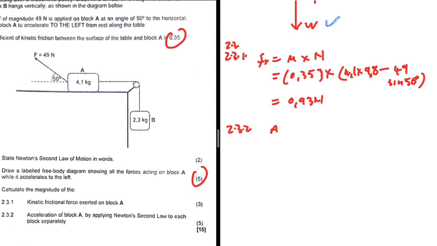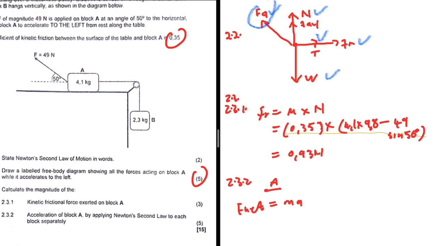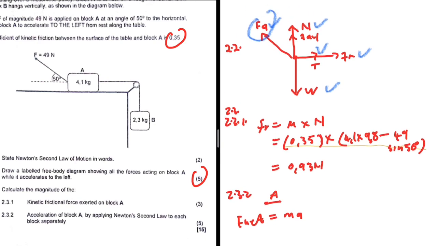Block A, let's apply Newton's second law and see how it goes. We're going to have F net equal to ma. Well, the force that is pulling the object minus all the forces that are opposing, that is how I usually say it. So the force that is pulling the object here is not the y, but the x component of the force applied, Fax.